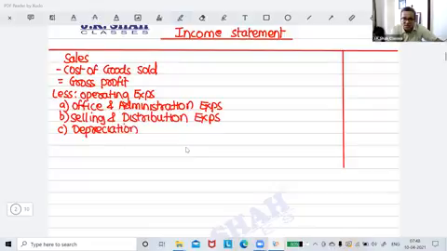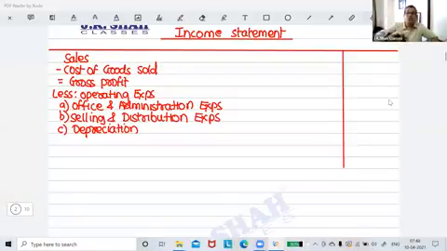Again, I tell you that when you write a P&L account, you don't use all such classification. More than the format, the purpose is to throw some light on the contents and do some qualitative additions. So how does this become a qualitative addition? Sales minus COGS is gross profit. That is fine.